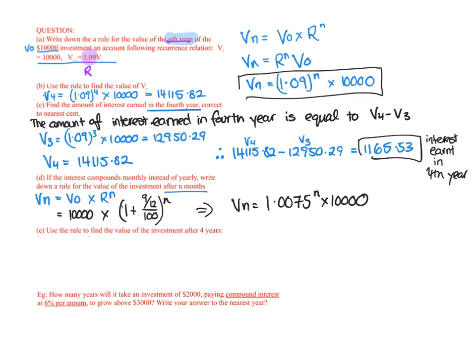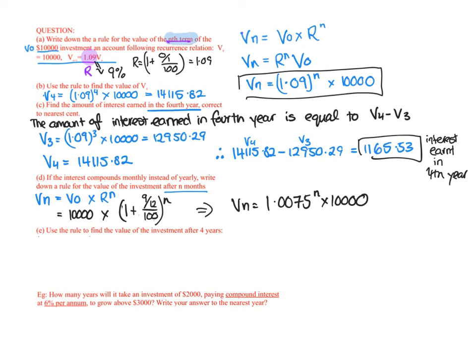How did I know it was 9% to begin with? Looking up here, I can see that it's 9%, because R was found by going 1 plus something over 100, and it gave me 1.09. So you can work out that it's 9%. All right, let's keep going.